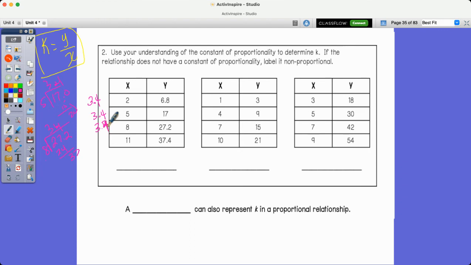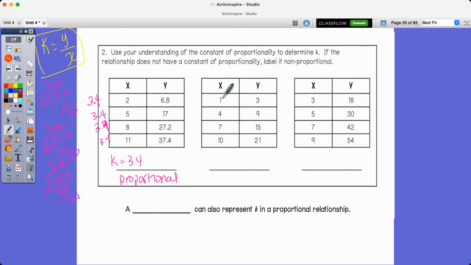There is no good way to do this except to divide, guys. You can't just say, oh, look, because if it's not a constant of proportionality, one of those could be different. You have to do the math. And this one is also 3.4. Once you have that math done, you can say that K equals 3.4. It is proportional.